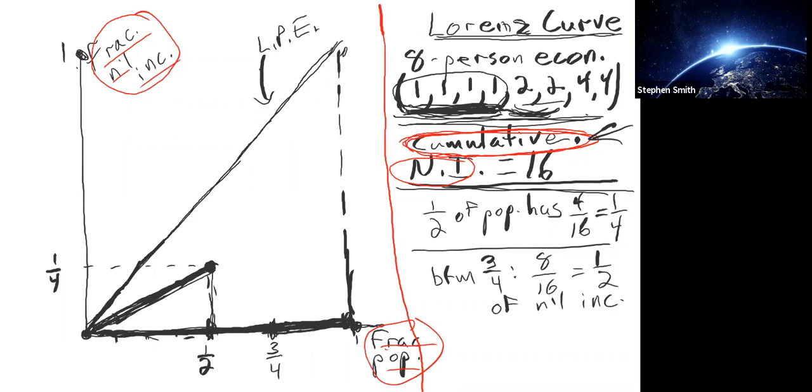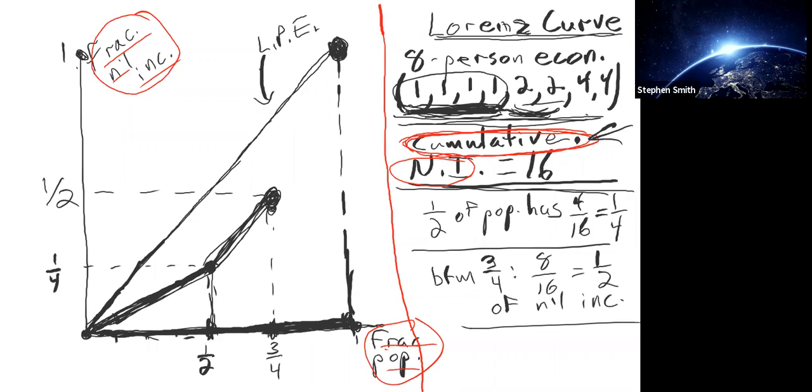So 3/4 of the people are going to have 1/2 of national income. So we found our second key pivot point here. And this will be a second line segment. It reflects two people. This Lorenz curve is not drawn to scale. It's sketched today, right? So then, just as a check for ourselves, to make sure we did things right, we know that 100% of the people have to have 100% of the income, or it doesn't make sense.